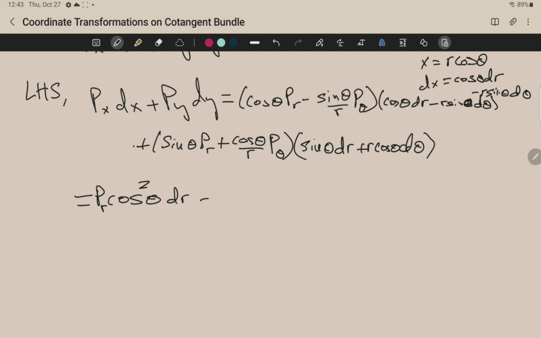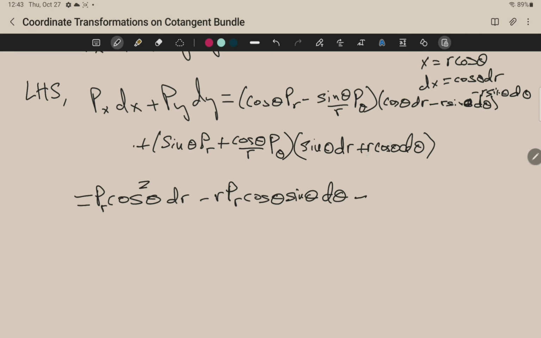The second term is minus r pr cosine theta sine theta d theta.